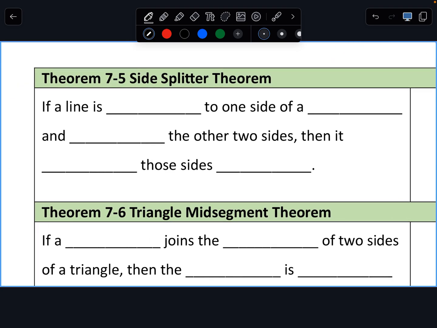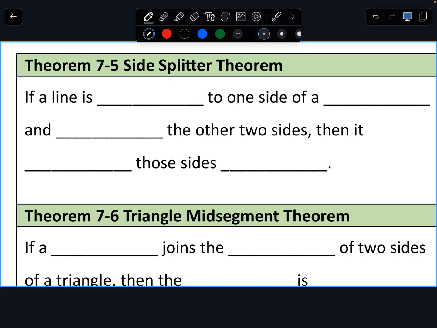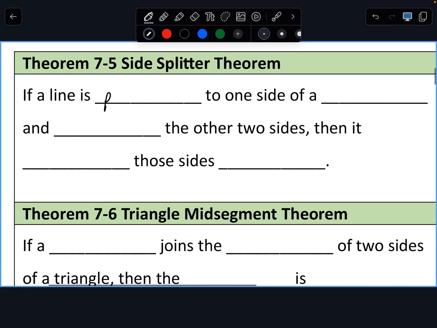So here's the side splitter theorem as it applies to a triangle. If a line is parallel to one side of a triangle and intersects the other two sides, then it splits those sides proportionally.